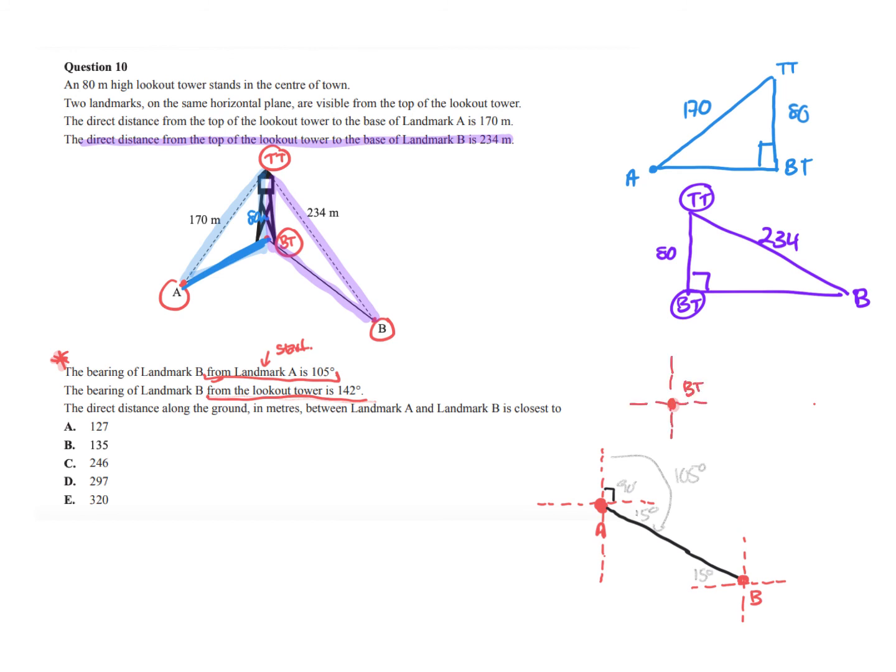All right, so we'll do this. This is the bottom of the tower, and if you join them up, what they're saying is that this is 142. So if I know that's 142, you can find out a few things. What's 180 minus 142? 38. Good, so you know that's 38 in there, and this also makes that one 38 degrees.